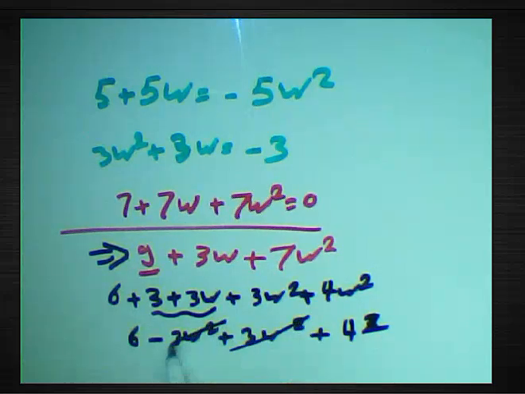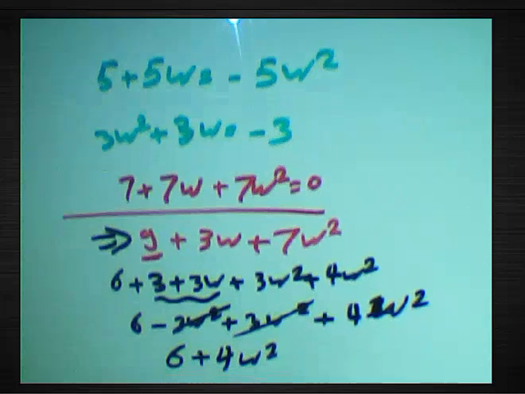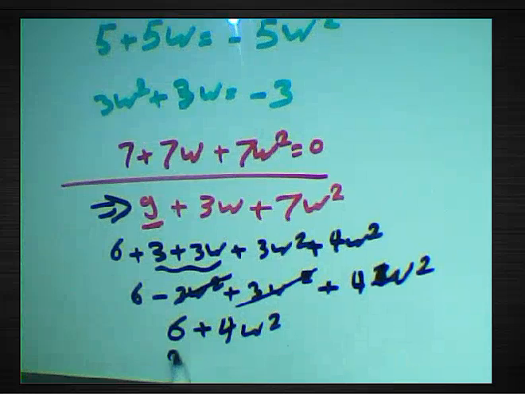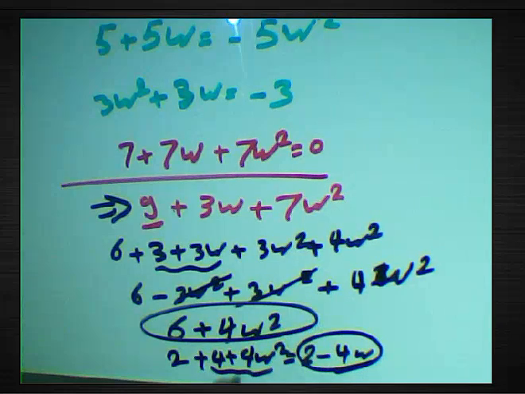We can cancel them. The result will be 6 plus 4 omega squared. And you can complete it by writing 6 as 2 plus 4 omega squared. Write 2 here, and 4 plus 4 omega squared will be negative 4 omega. Okay, that's the end of the example.